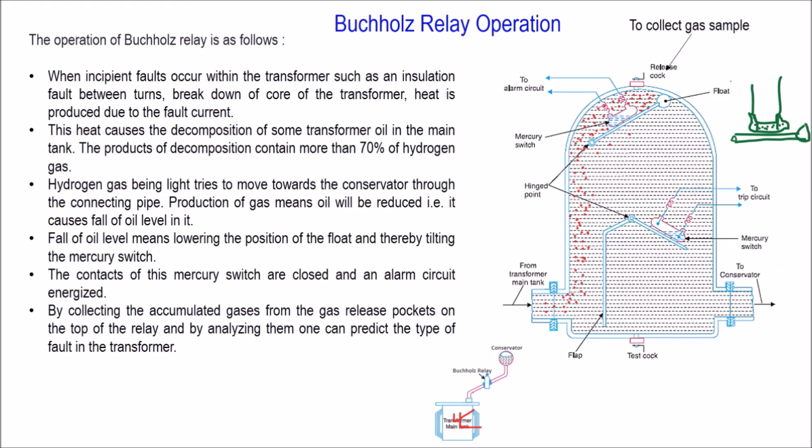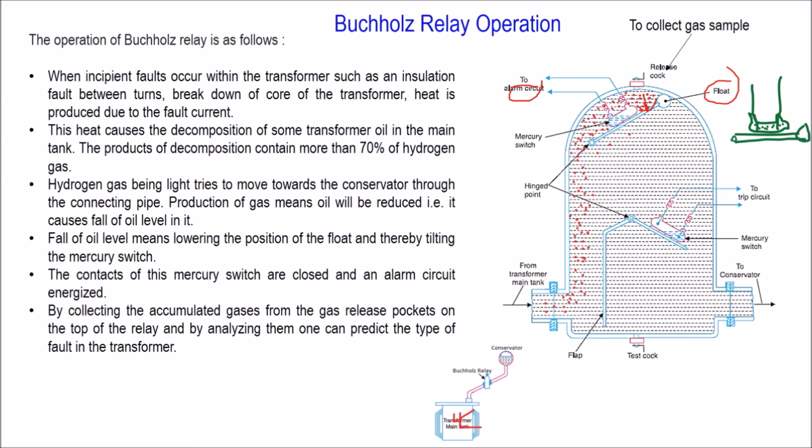Now this float can be moved downward and the alarm circuit can be turned on in two ways. One is due to the huge pressure of accumulated gas and another is due to the fall of oil level. Due to the incipient fault, the rise of temperature is very slow and therefore gas can be accumulated on the top. The pressure of accumulated gas will be more and therefore float can be moved downward and alarm circuit can be on.